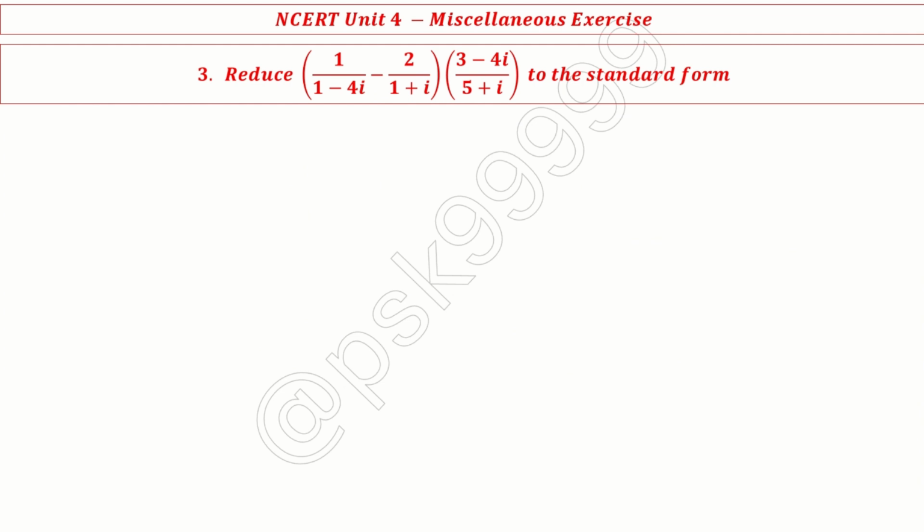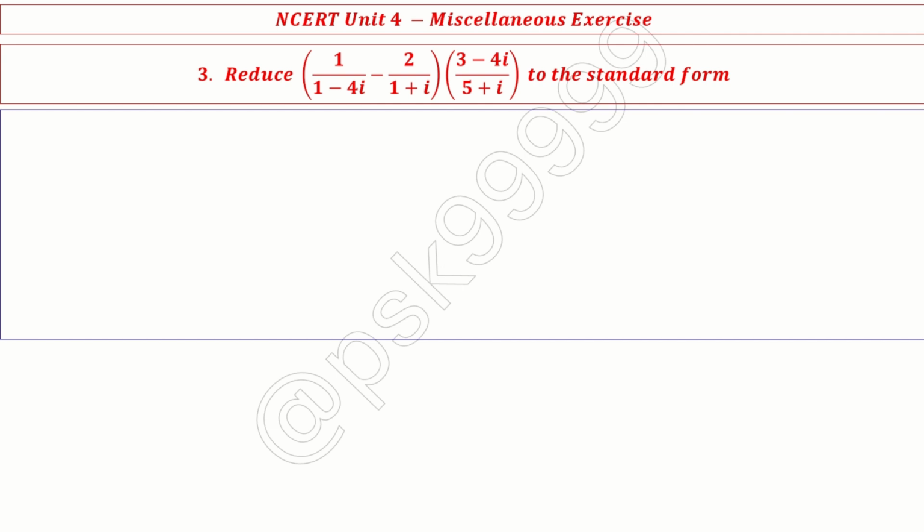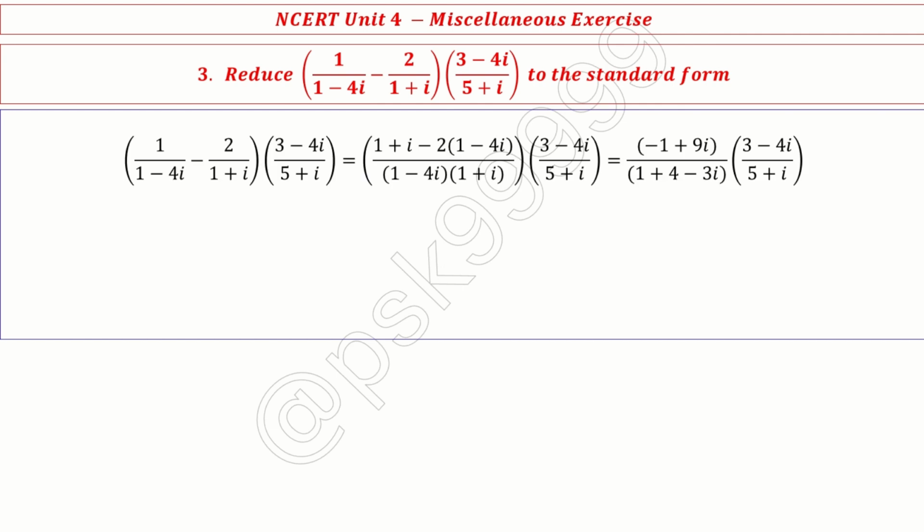Reduce this into the standard form. Whenever you find i in the denominator, the first thing is to multiply with the conjugate. Then you will get the answer directly, with everything in the numerator. In this case, we can actually take the LCM also, so try with the LCM.